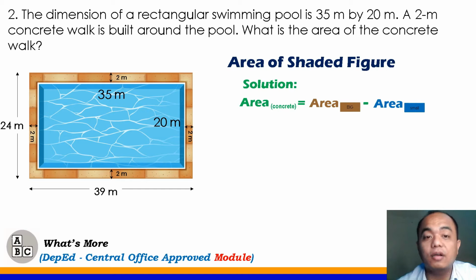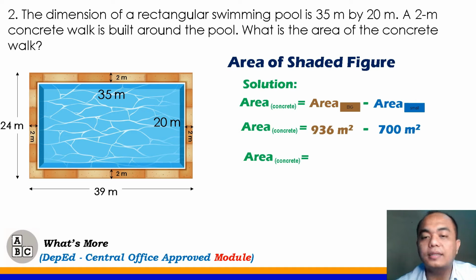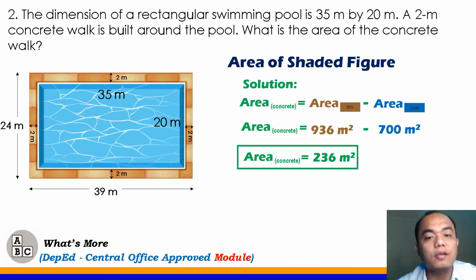Magsasubtract tayo kasi nag-o-overlap, no? Yung figure natin. And then, so 936 is your area of the big rectangle minus the area of the small rectangle, which is 700 square meters. So, isa-subtract natin yan. Yung difference niya is 236 square meters. Yan yung final answer natin in problem number 2.